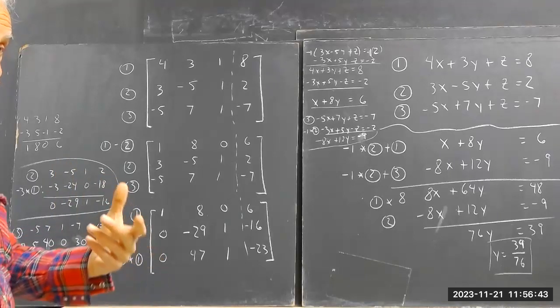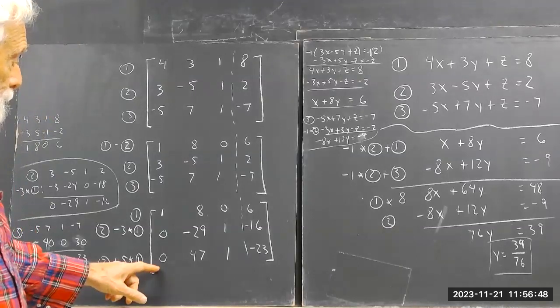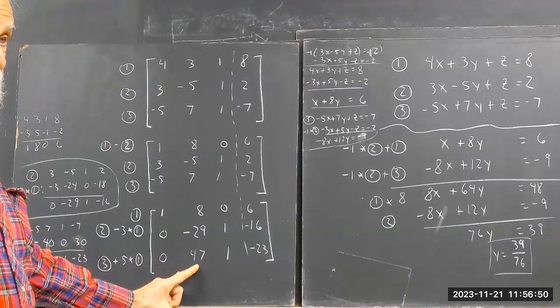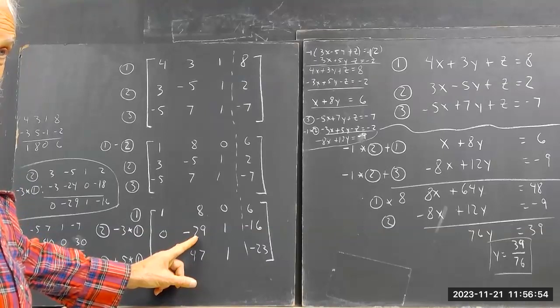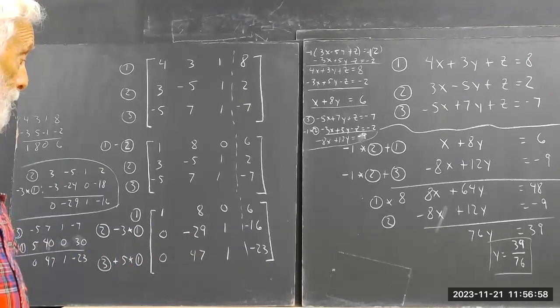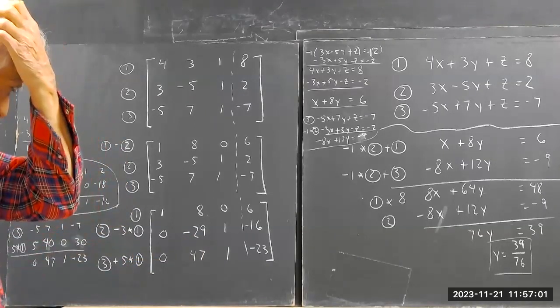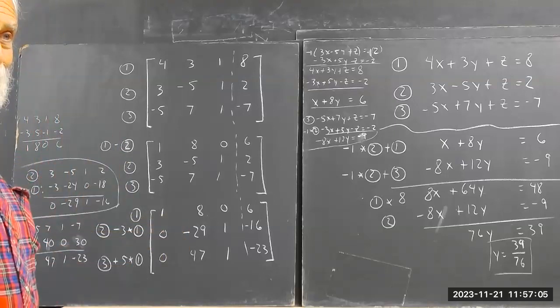So our next step is going to be to get a 0 here. And then we want to get a 0 here. Okay. And we're not going to do that today.